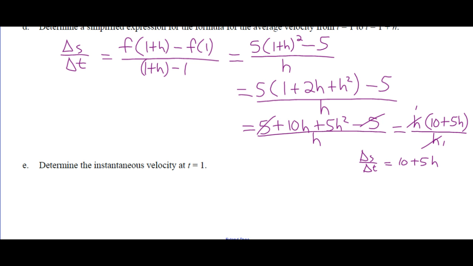Sorry. So determine the instantaneous velocity. So the instantaneous velocity is going to be what? Well, it's a limit, right? It's the limit as h goes to 0 of 10 plus 5h.